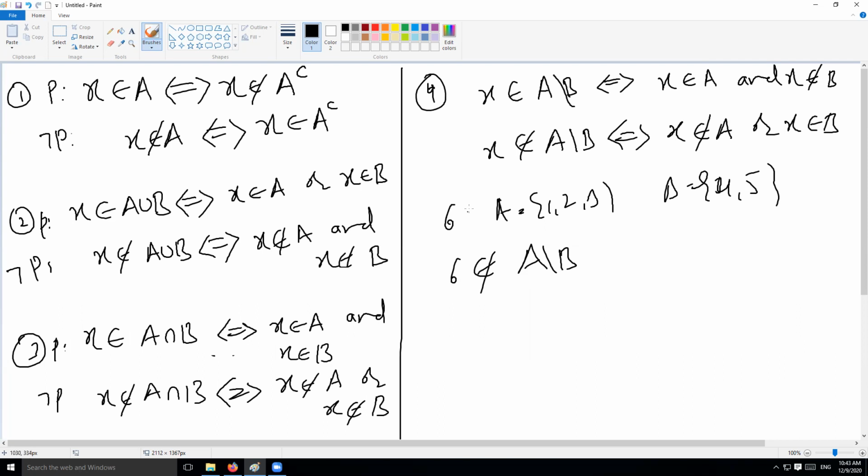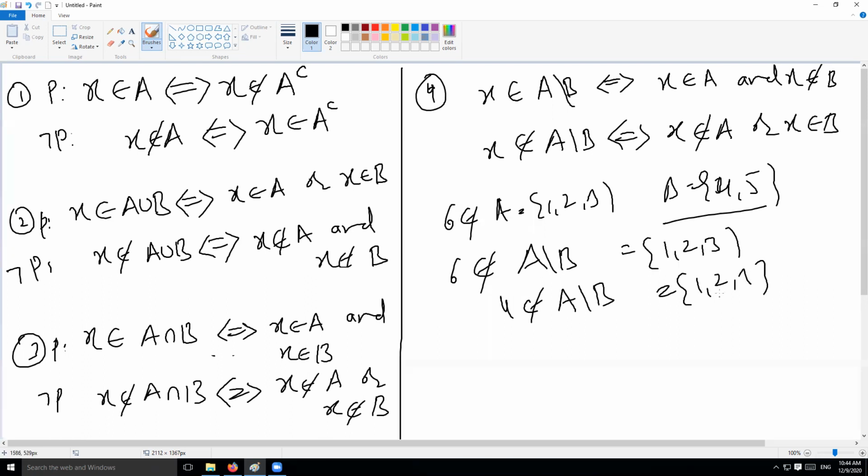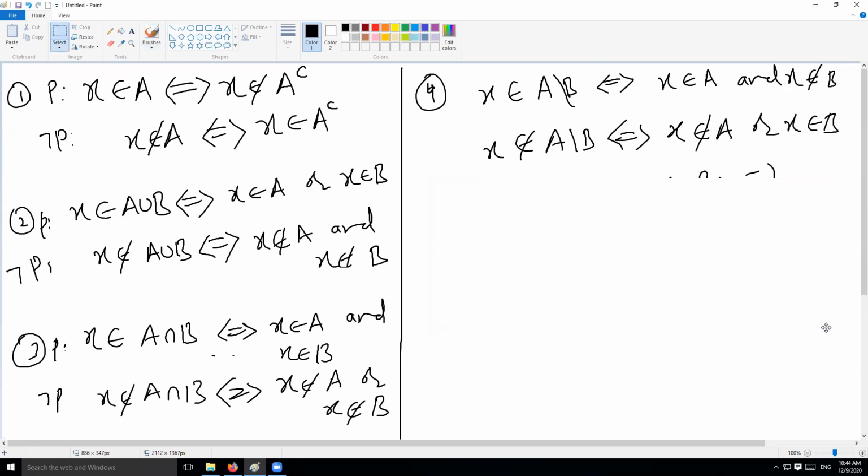Because 6 is not in A. Another thing, 4 would not belong to A minus B. Why? Because 4 is inside B actually. So anything that is inside B is not going to come in the A difference B. So what is the A difference B? A difference B is 1, 2, 3. Okay. So these are the basic things that we should always keep in our head.